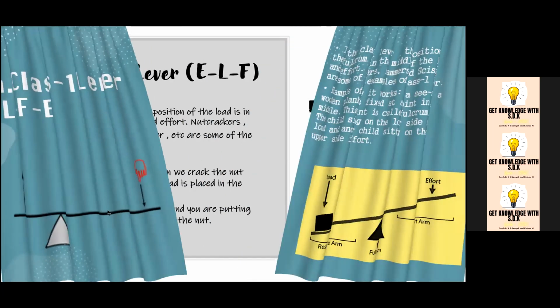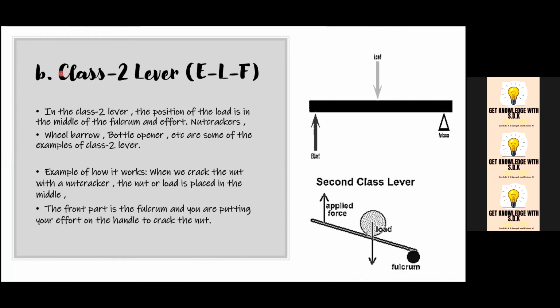Class 2 lever. In the class 2 lever, the position of the load is in the middle of the fulcrum and the effort. Nutcrackers, wheelbarrow, bottle opener, etc. are some of the examples of the class 2 lever.